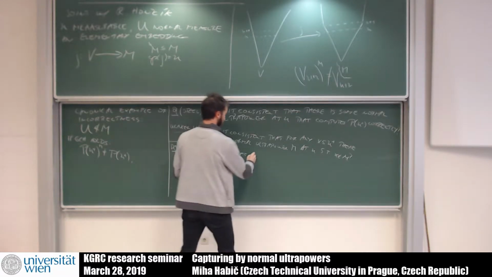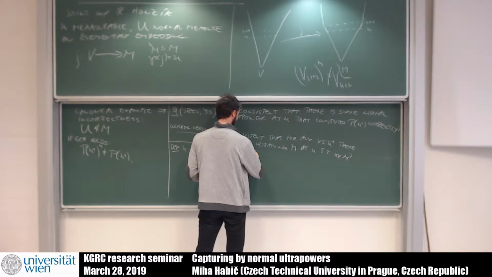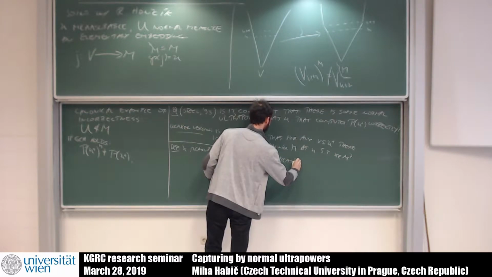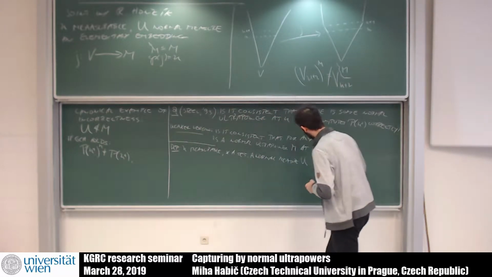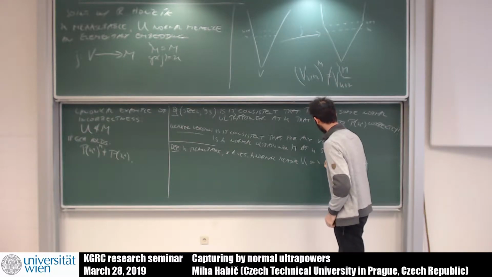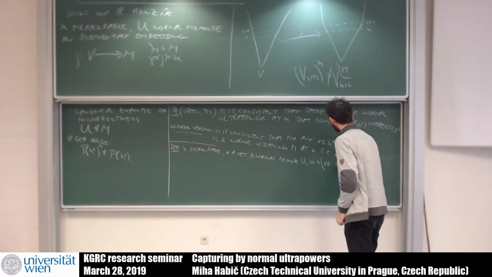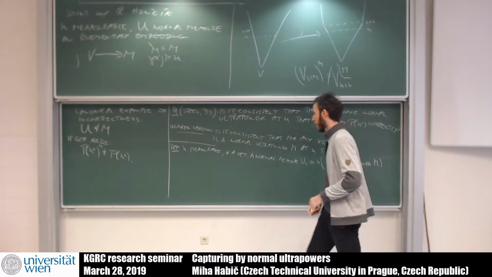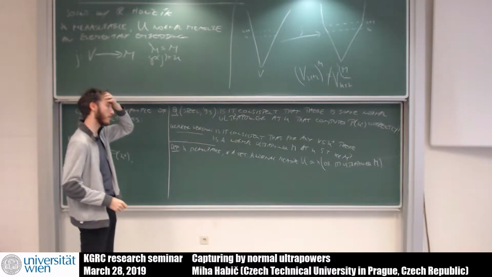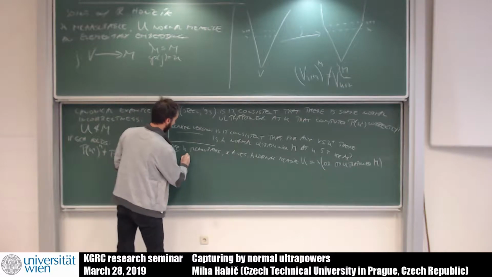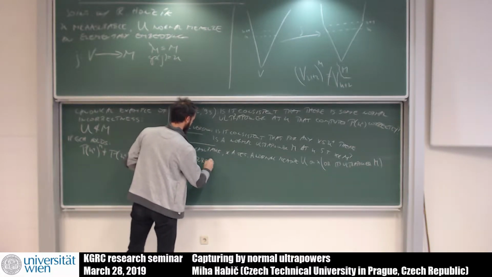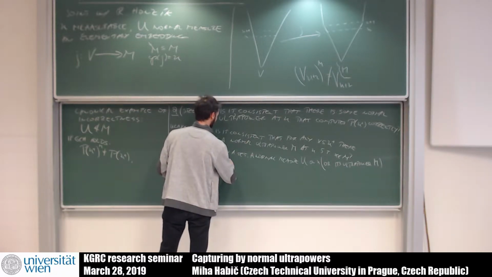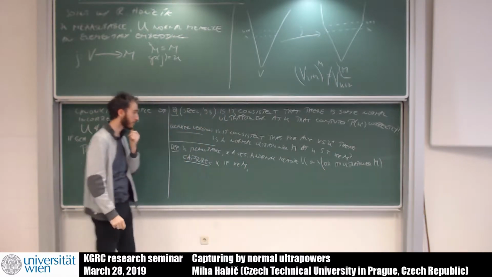We're going to say that a normal measure u on kappa, or its ultrapower M, and I'm going to use the same term for measures and ultrapowers, captures x if x appears in that ultrapower.